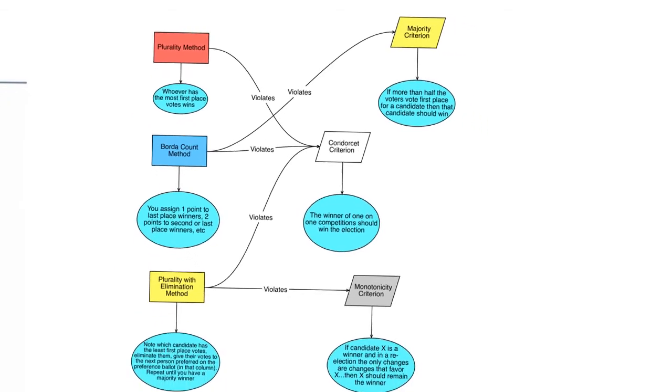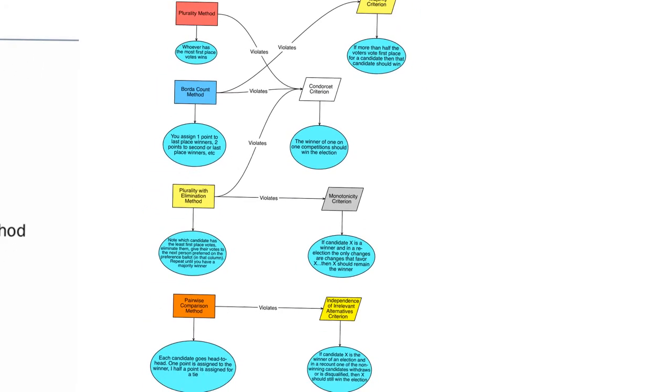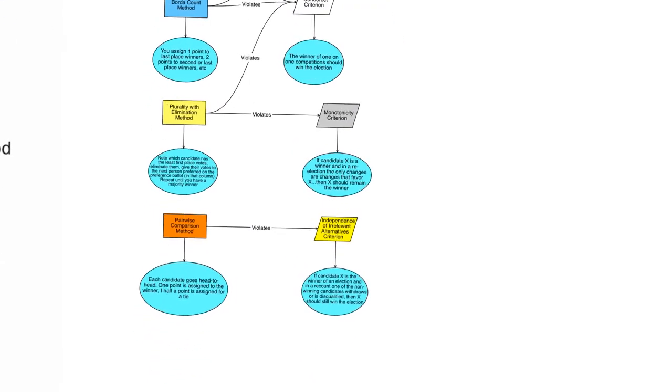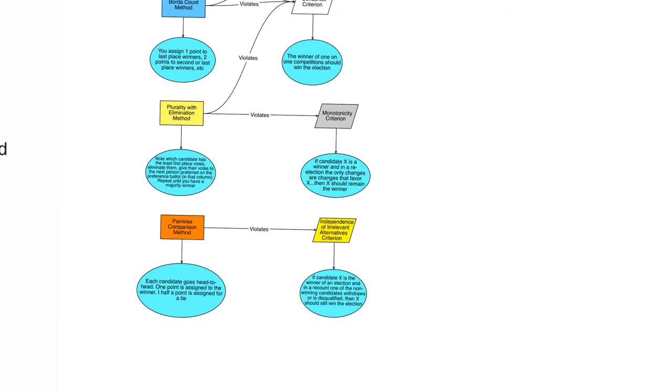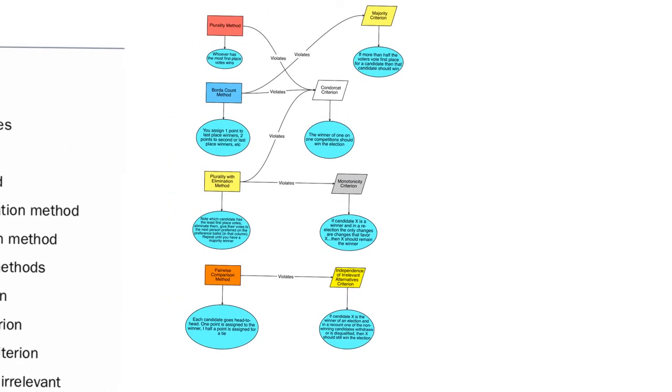I believe it's important for my student to know which fairness criteria are violated by the Borda count method, namely the majority criterion and the Condorcet criterion. I believe it's important for my student to know which fairness criteria the plurality with elimination method violates, and that would be the Condorcet and the monotonicity. And finally, I believe it's important for my student to know which fairness criterion the pairwise comparison method violates, and in this case it is the independence of irrelevant alternatives criterion. That is something certainly worth memorizing for sure.